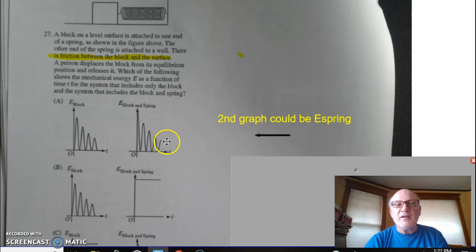This might be a very good description of the energy of the spring itself. Notice that when the block is at zero energy, this graph here shows a high energy, so that could be the energy of the spring, and the two of these together could add up to give you the energy of the block and the spring. So we're going to reject that one because the entire system can't go to zero and then come back from there.